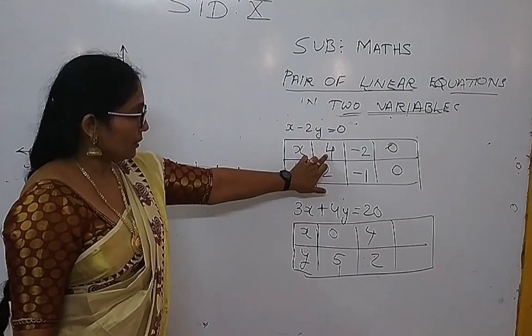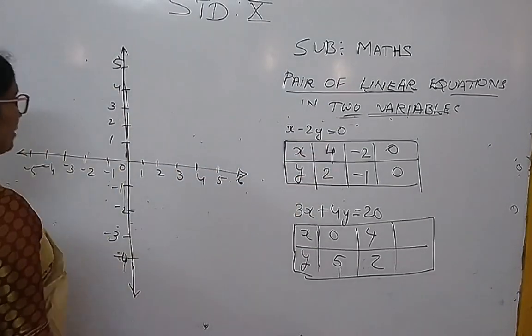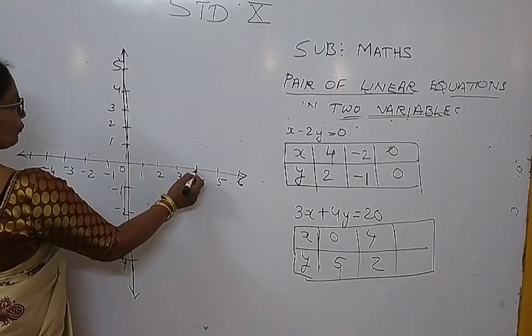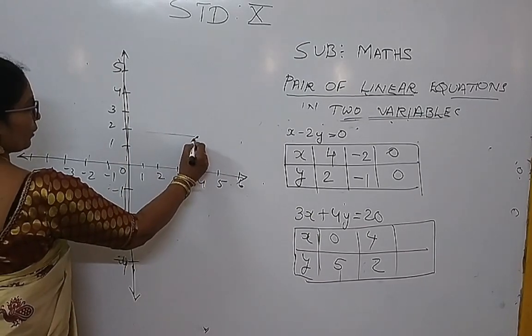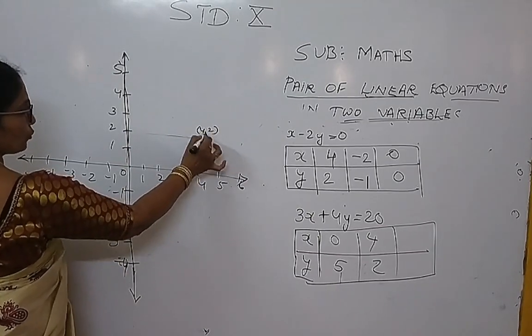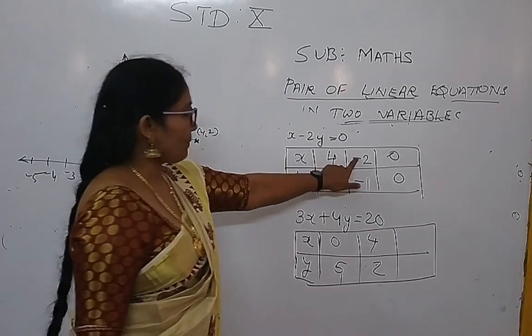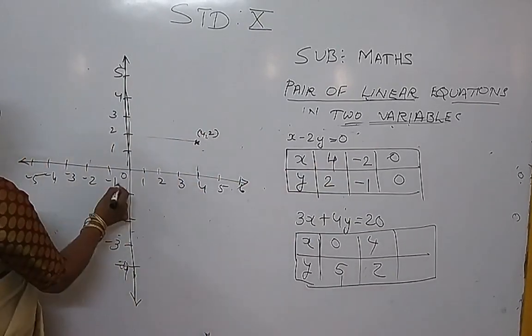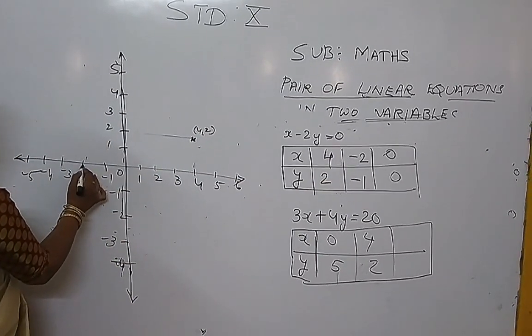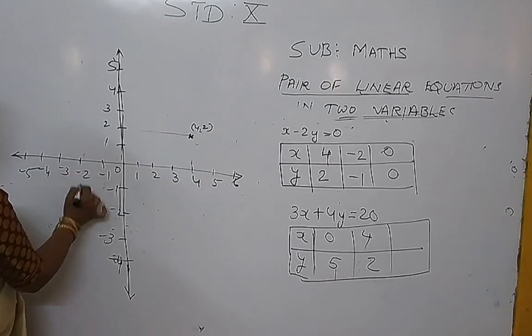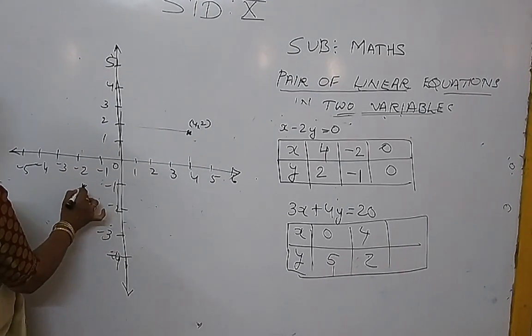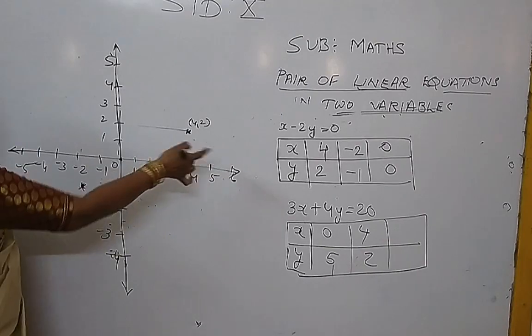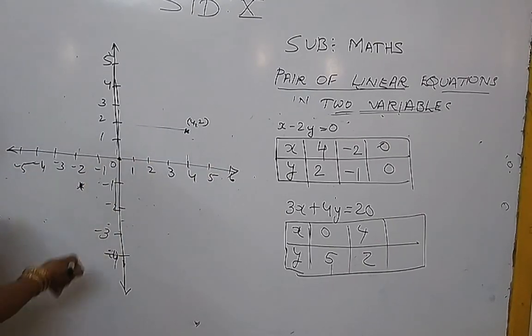First of all you have to plot the point 4, 2. You know this will be the point 4, 2. Second one is minus 2, minus 1, which will come like this because it is in the third quadrant. And one point is 0, 0, which is the origin.